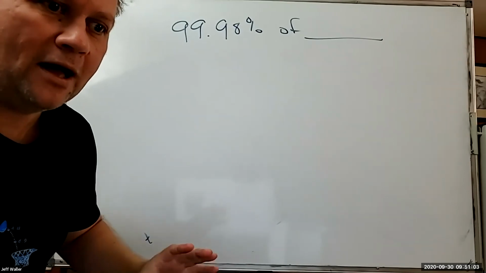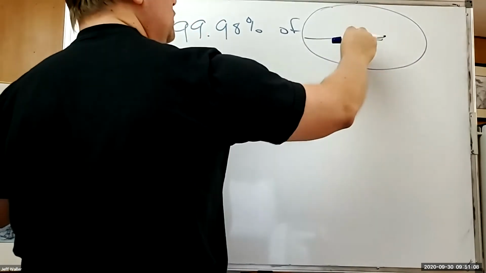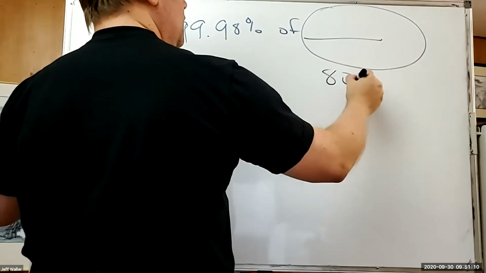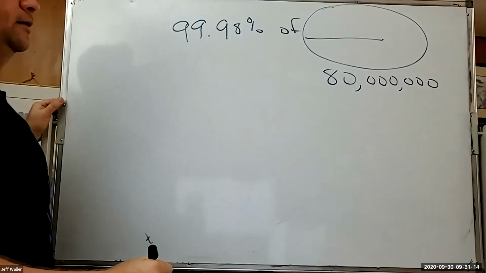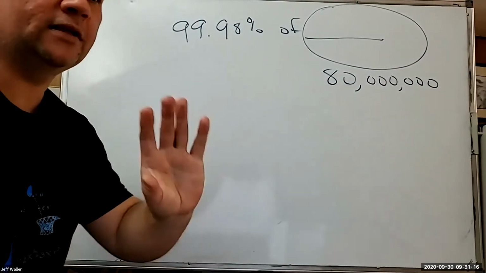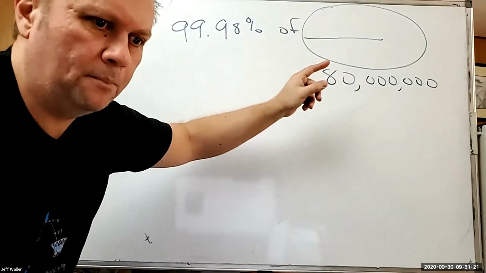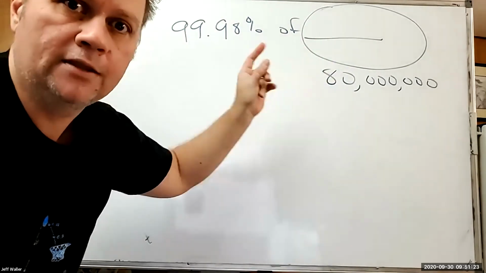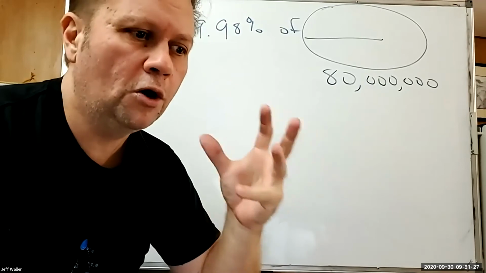But how many people are in this group? So if this group has 80 million people in it, just go with me for a minute. This is the same example as what I just did. Without knowing the base, the amount that the percentage is building off of, I don't know what it means.